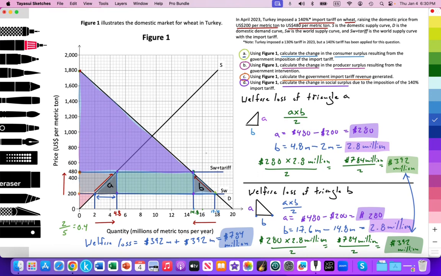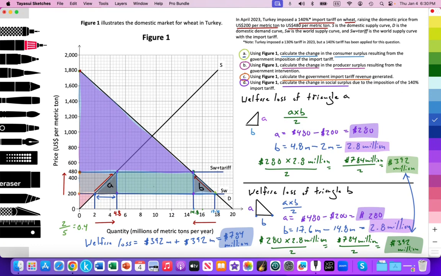That's one way you can calculate that. The IB could also accept, some students might consider that the sum of the welfare loss could include the government tariff revenue, which could be interpreted two different ways. One is that we don't consider it a welfare loss. The government collects that tax revenue and they spend it back into society.